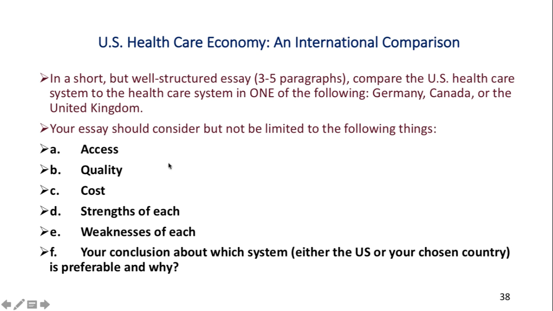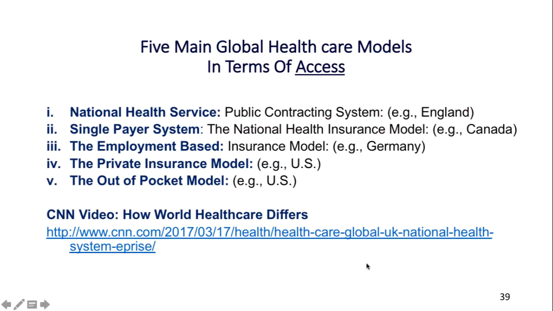In your essay, you have to compare using these three indices: access, quality, and cost. And in your conclusion about which system is preferable, you have to consider the strengths and weaknesses of each country you selected to compare to the United States.